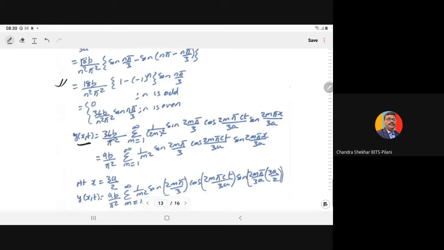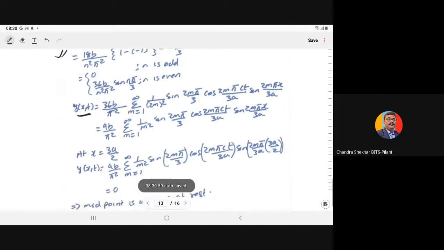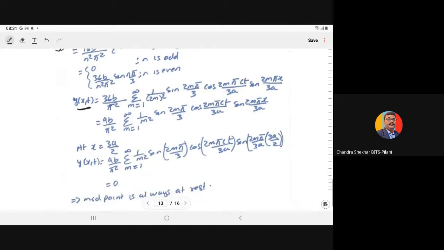So y(x,t) will become 36b upon pi square summation m equal to 0 to infinity 1 upon 2m square sine of 2m pi by 3 cos of 2m pi ct upon 3a into sine of 2m pi x upon 3a, or 9b upon pi square summation m equal to 0 to infinity 1 upon m square sine of 2m pi by 3 cos of 2m pi ct upon 3a into sine of 2m pi x upon 3a.